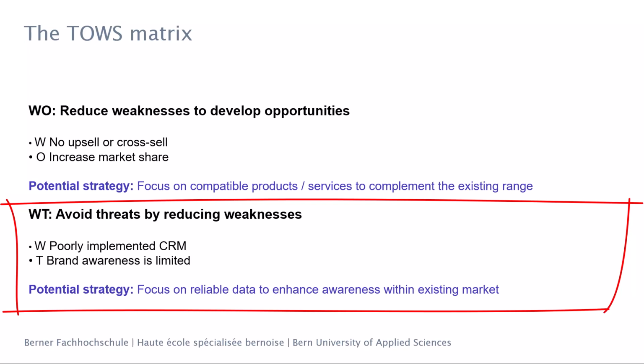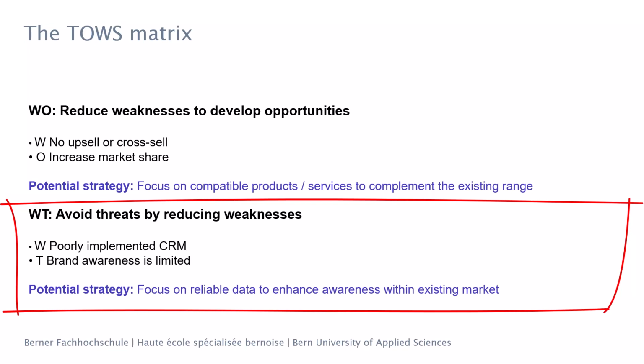The threat that we see is that we have limited brand awareness. So looking at those two situations that we face, a potential strategy might be to focus on reliable data that would enhance the awareness within an existing market.